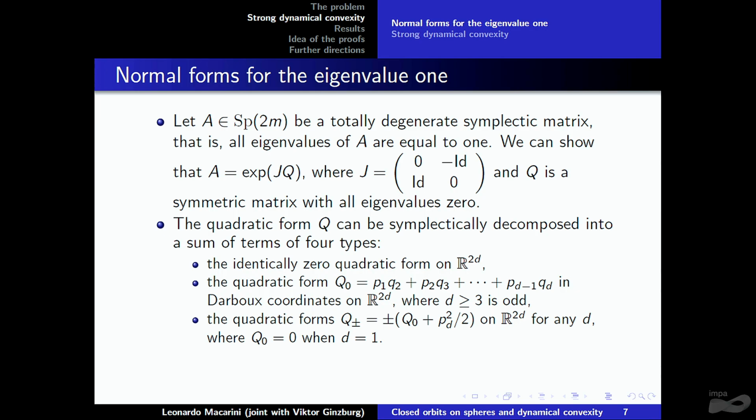So you have the identically 0 quadratic form that gives you the identity, okay? And you have the second quadratic form, this Q0, given by this expression that appears only in dimension at least 6. And you have these quadratic forms Q plus minus. So you have these 4 terms.